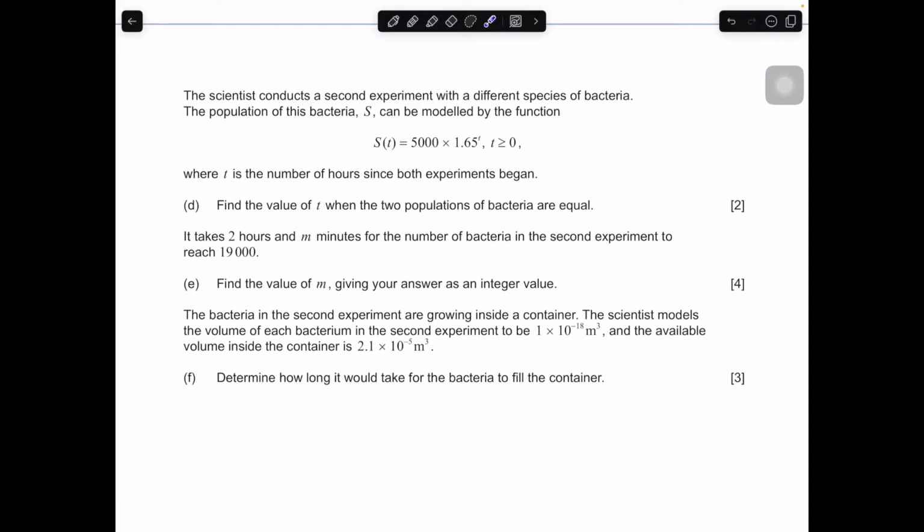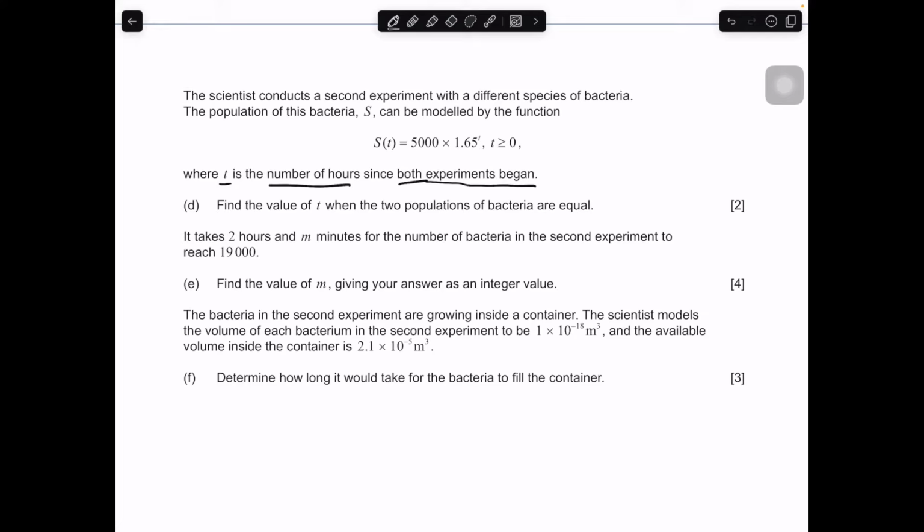The initial number of bacteria is 5,000, and the growth rate this time is 1.65. So every hour we have 1.65 times as many bacteria, where t is the number of hours since both experiments began. So we have two experiments starting at the same time. Find the value of t when the two populations of bacteria are equal.